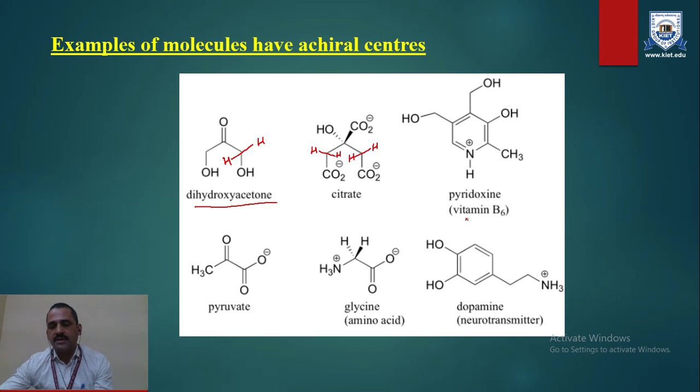Same here with the structure of vitamin B6, where the achiral centers are present. We have some other examples like pyruvate, glycine, an amino acid, and dopamine, a neurotransmitter, that have achiral centers.